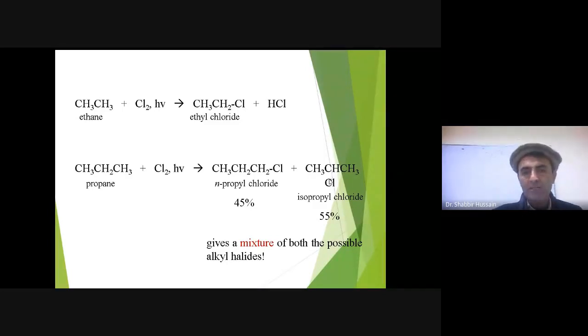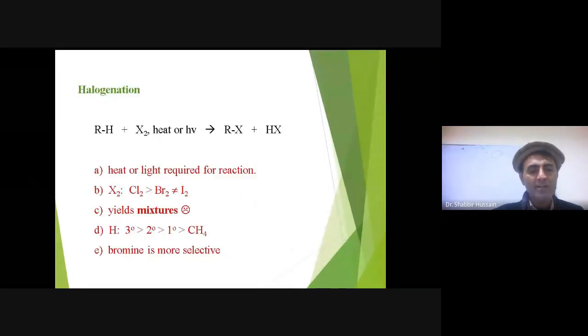And we know very well that tertiary hydrogen substitutes first, then secondary hydrogen, and secondary hydrogen is more reactive than primary hydrogen, right? Then methane.